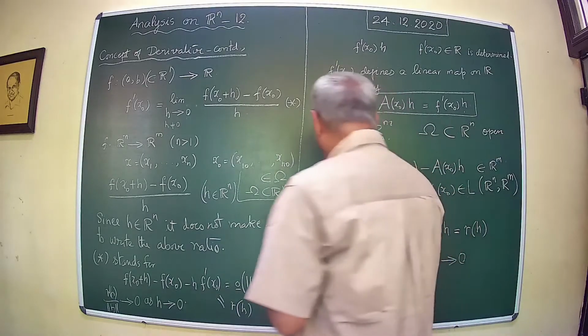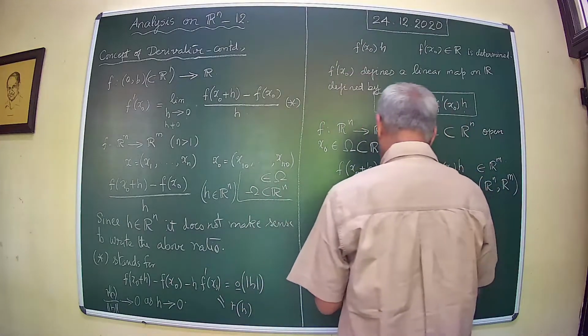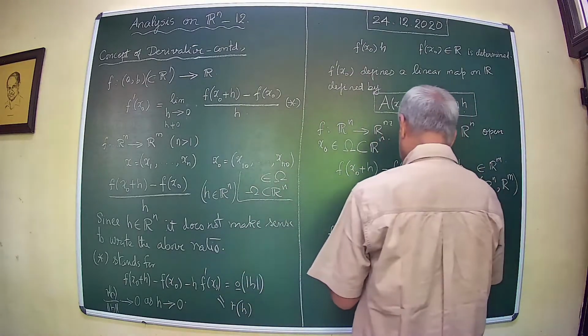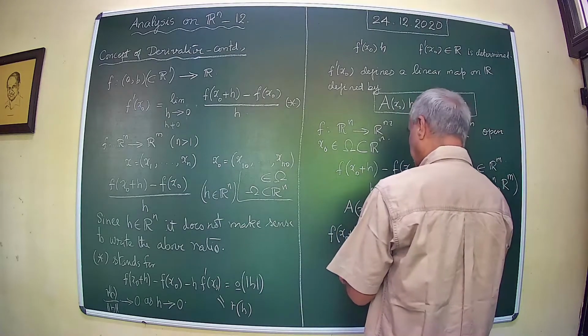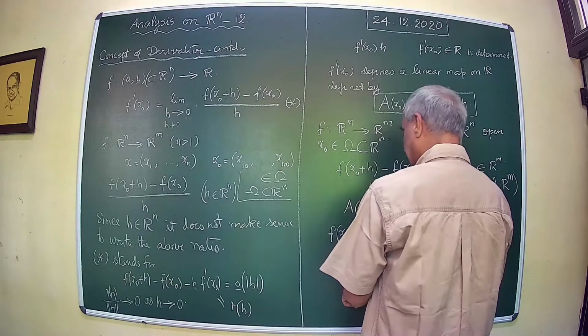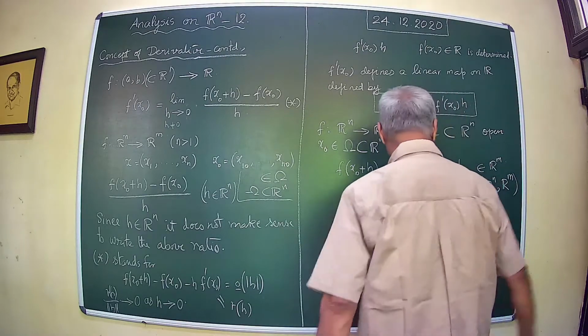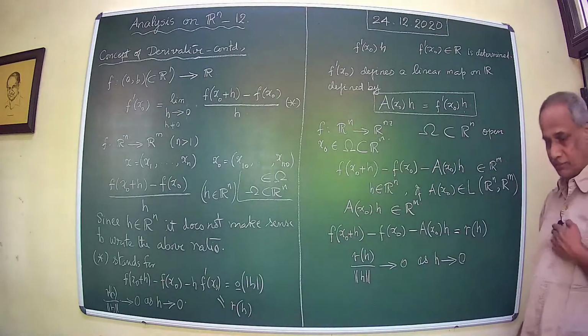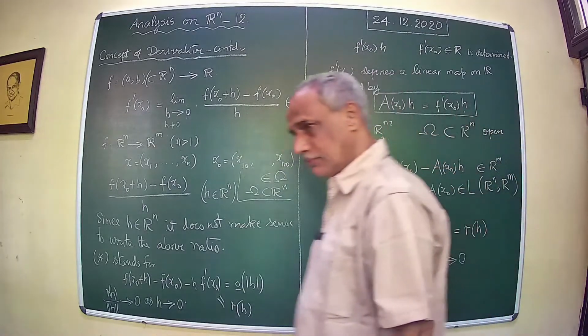But the norm that you use on the top will be the norm in Rm. The norm that you use in the denominator is the norm in Rn. This is the difference that you have. Okay, fine.